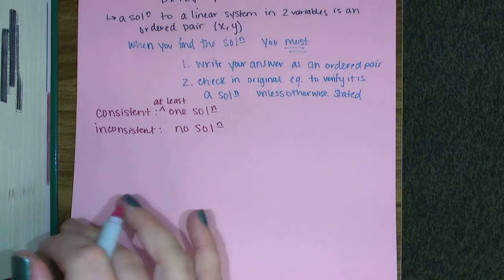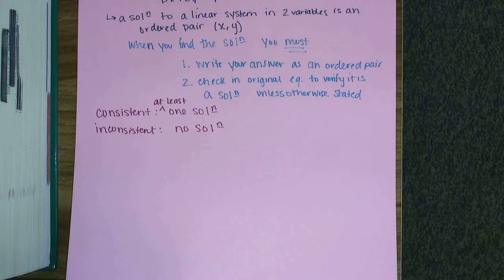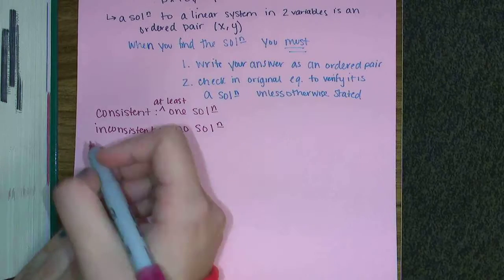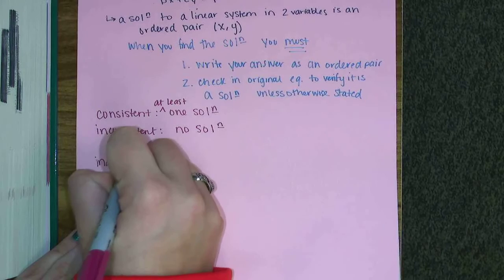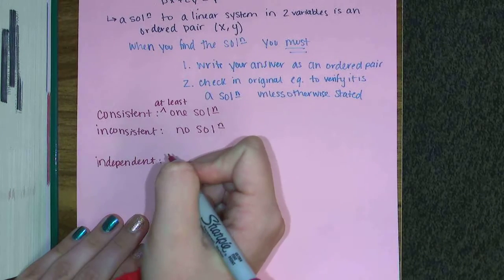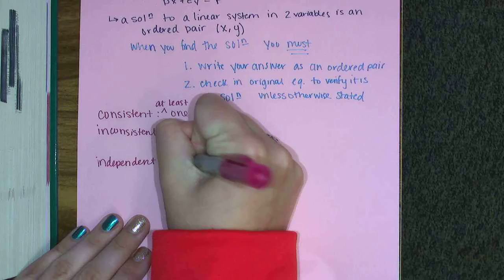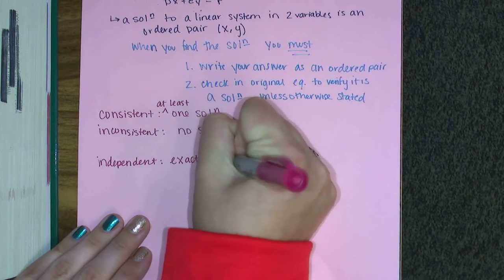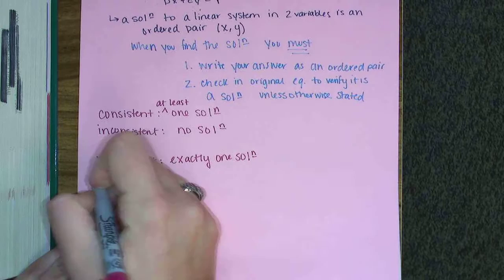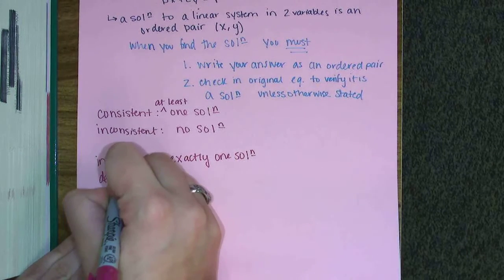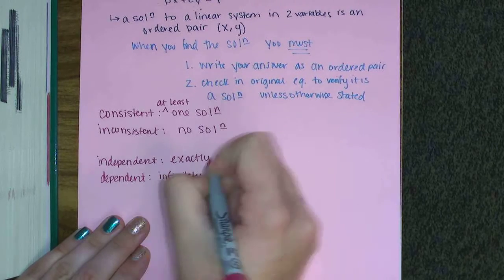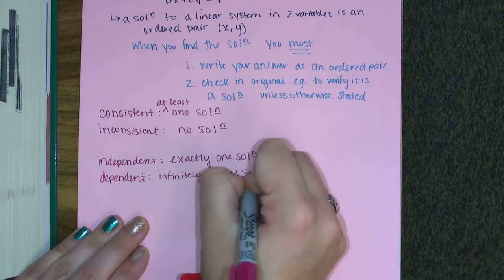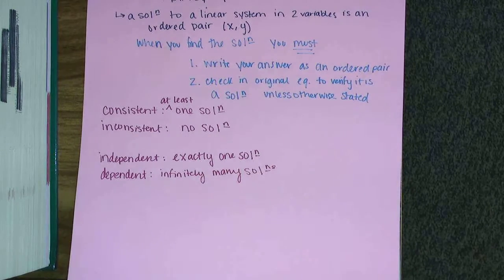A consistent system can be independent or dependent. Independent means that there is exactly one solution. Dependent is infinitely many solutions.